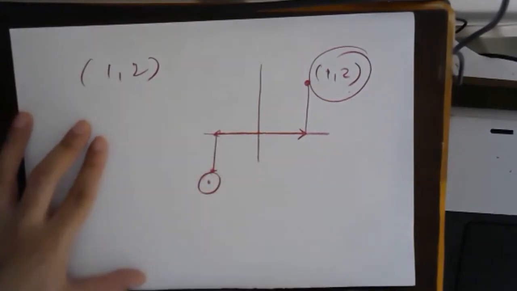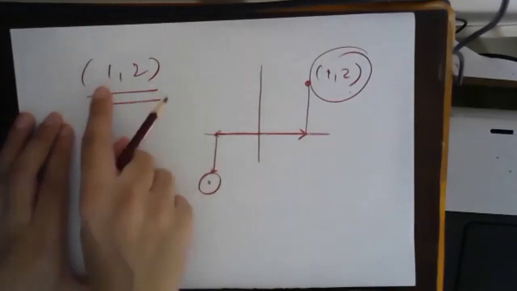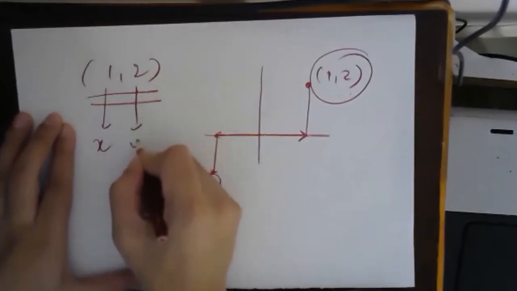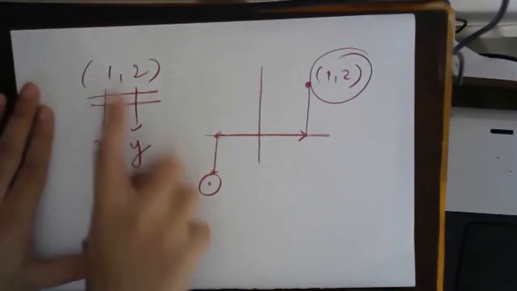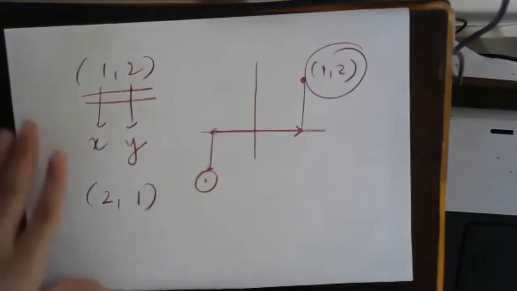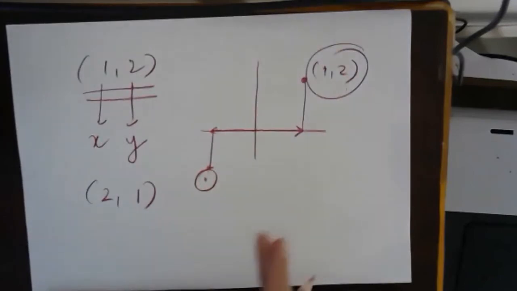Why? Because we have already specified that in coordinate geometry, this will be x and this will be y. Understood? Is 1, 2 equal to 2, 1 in coordinate geometry? No. Why? Because there also it is an ordered pair.